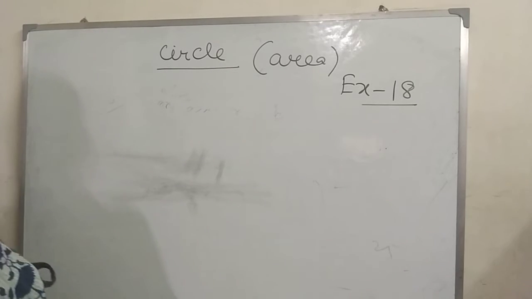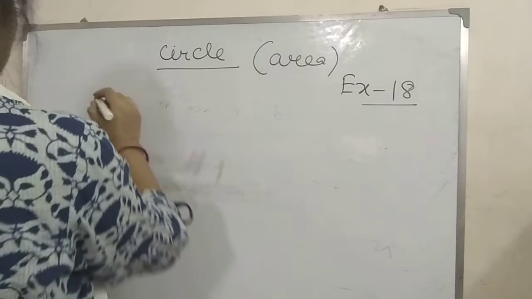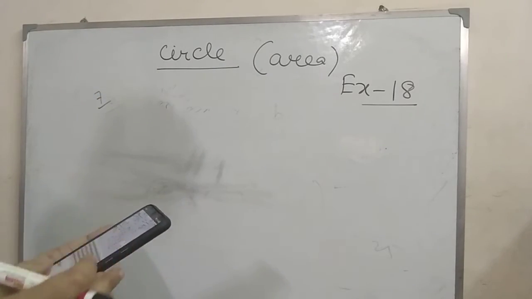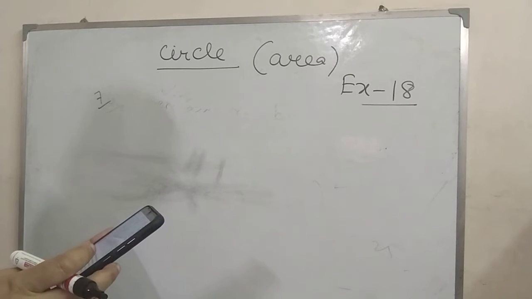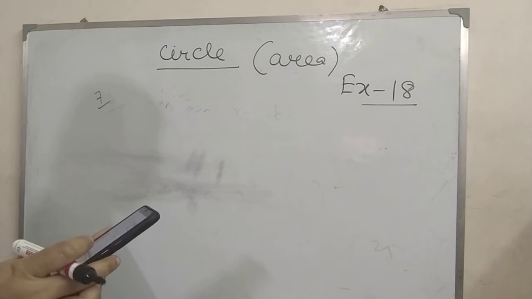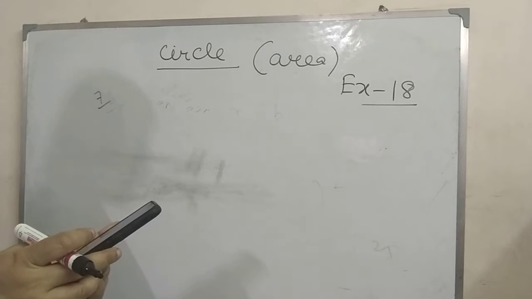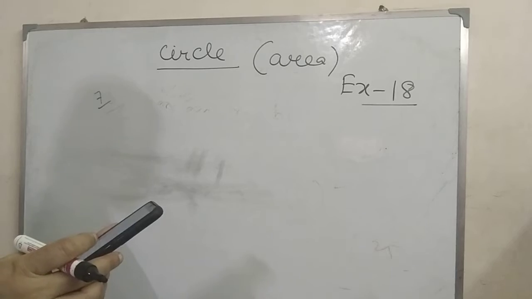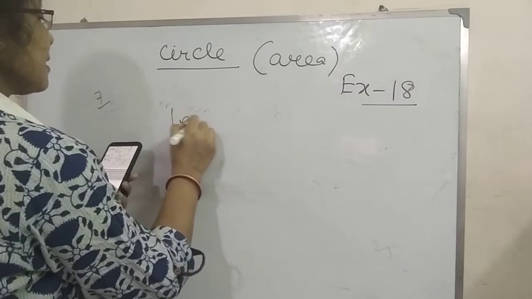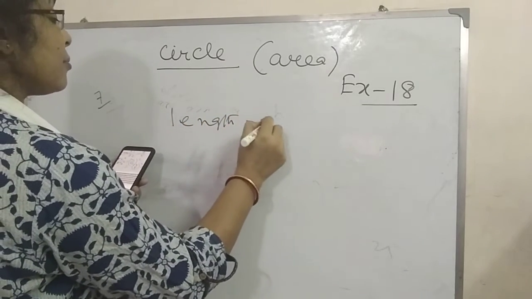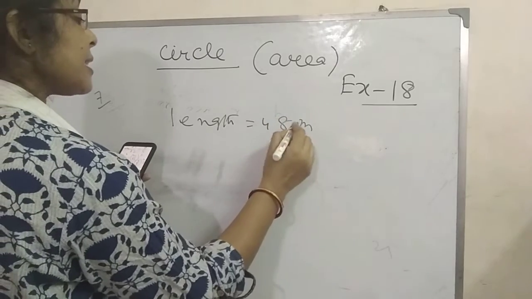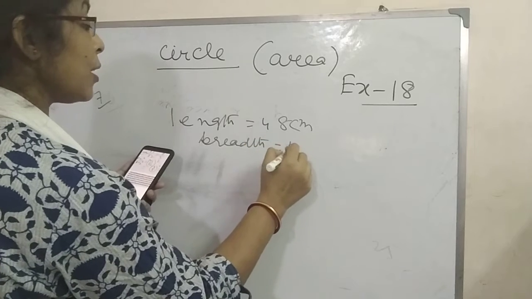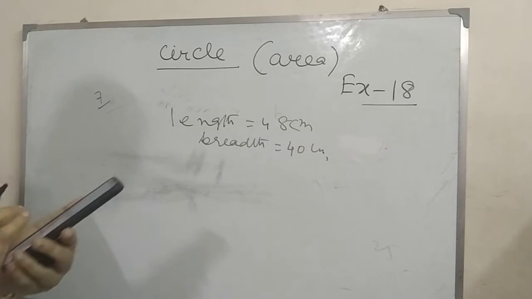Next sum is sum number 7. Sumit and Reba have taken two copper wires having the same length. Sumit bent the wire in the form of a rectangular shape of which length is 48 centimeter and breadth equals 40 centimeter.